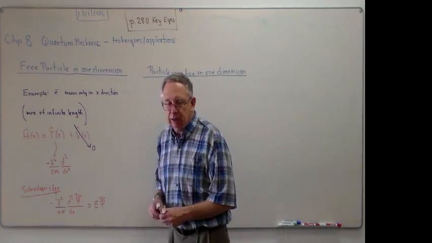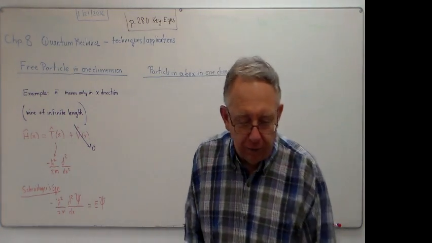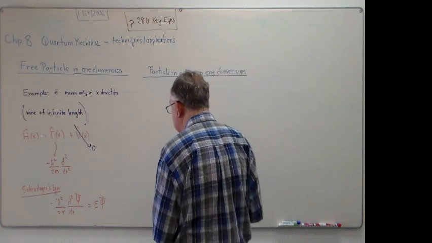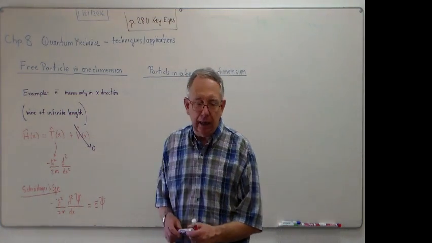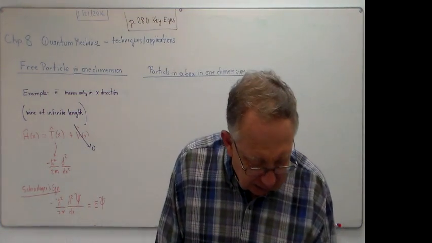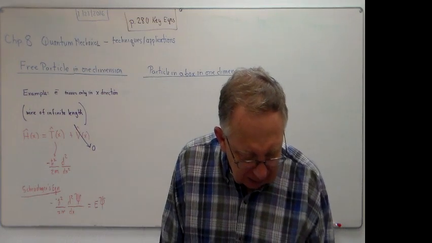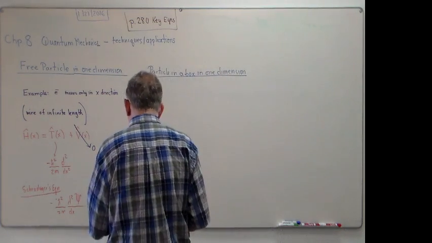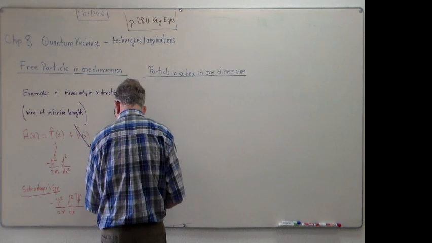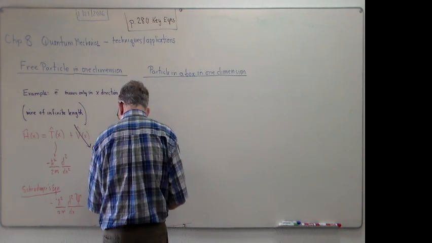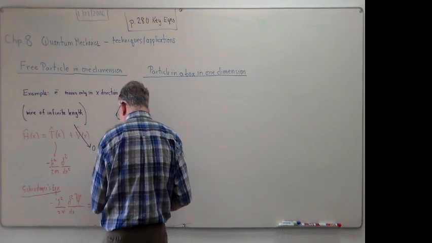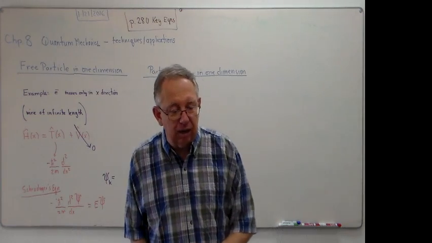So that's Schrodinger's equation for a free particle. And we mentioned briefly last time that the solutions can be functions of k. They can be psi of k.